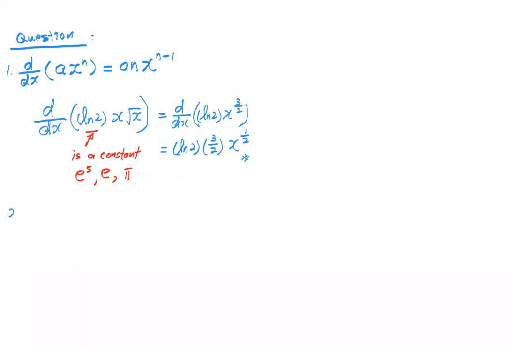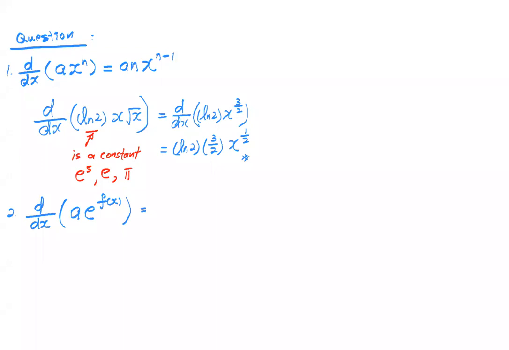Okay, second one. Another simple rule is about exponential. Okay, this is an exponential term. a is a constant, e to the power of f(x). The power is a variable. The base is e.